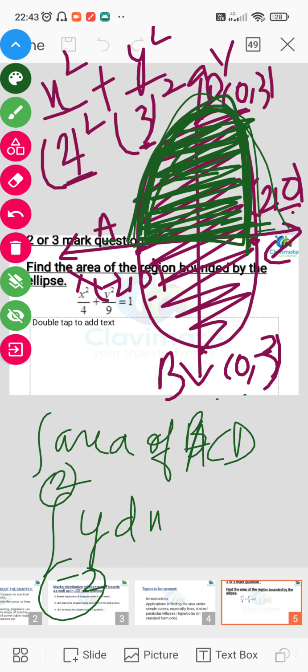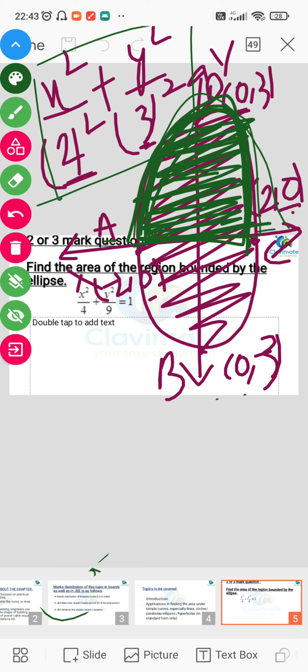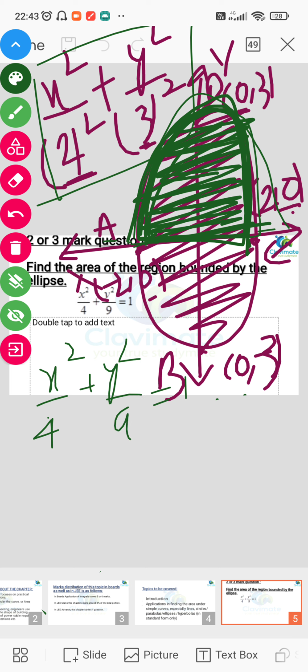Okay, so let us move further. Now we have to find the value of y. How will we find the value of y? From this equation we will find the value of y. Since x square by 4 plus y square by 9 is equal to 1, y square by 9 is equal to 1 minus x square by 4.